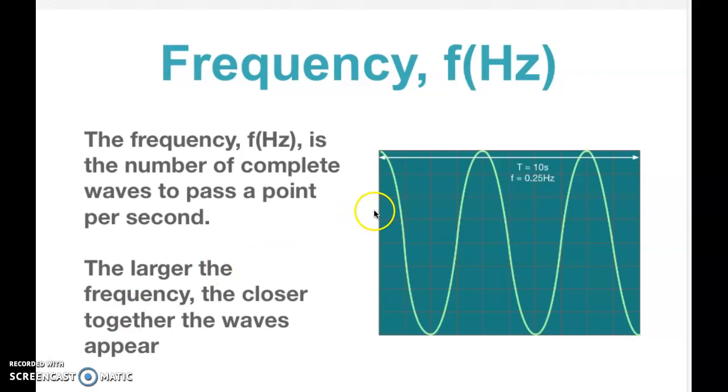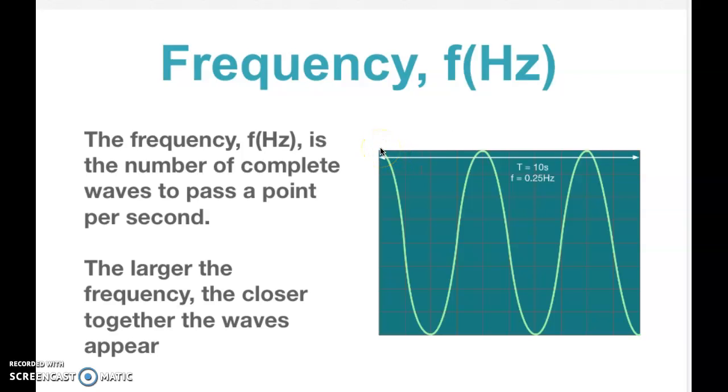Let's have a look at this particular situation. This is a time period of 10 seconds. So it takes 10 seconds for this entire wave to travel. If we take a picture, a photo of the wave, this time is 10 seconds. See if you can work out the frequency, which by definition is the number of waves to pass a second. Stop the video and figure it out.